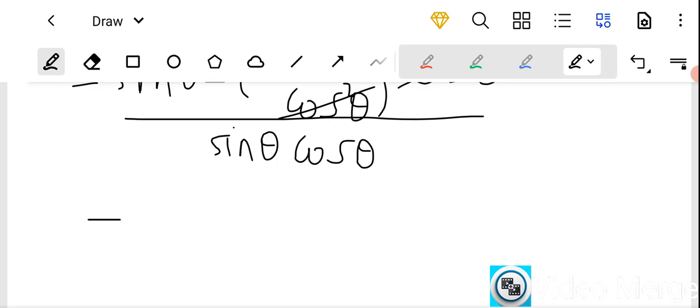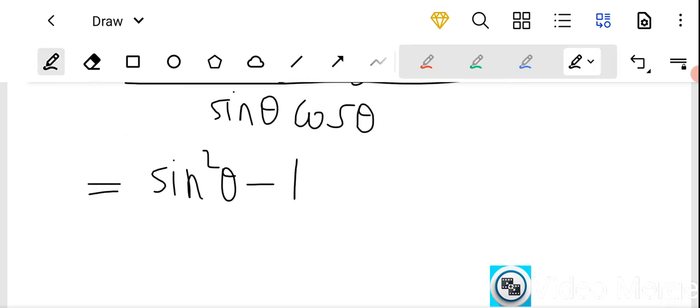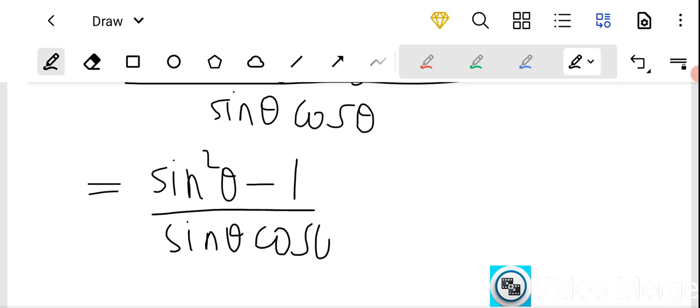It's actually equal to sin theta squared minus, since we have cancelled out, we remain with 1. So minus 1, then you divide by sin theta and then cos theta.